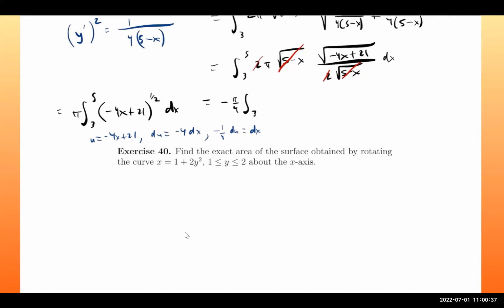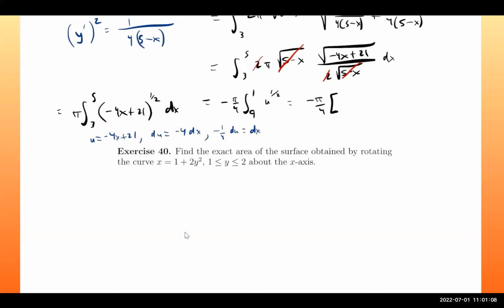So this integral will now become negative pi over 4 times the integral of u to the 1/2. Actually, the limits are going to change because of the u substitution. The new lower limit, if you substitute 3 into x, becomes 9. And the upper limit, if you substitute 5 into x, becomes 1.